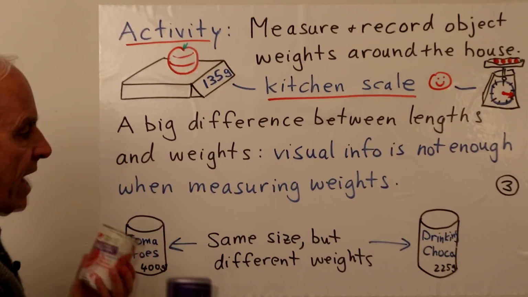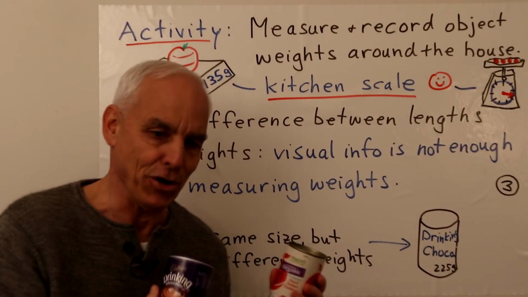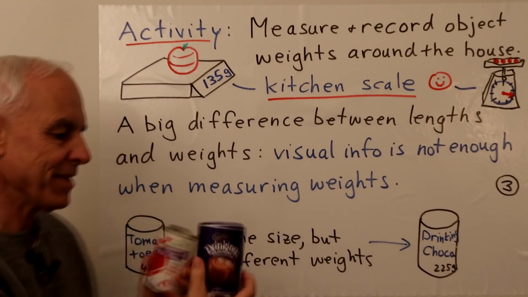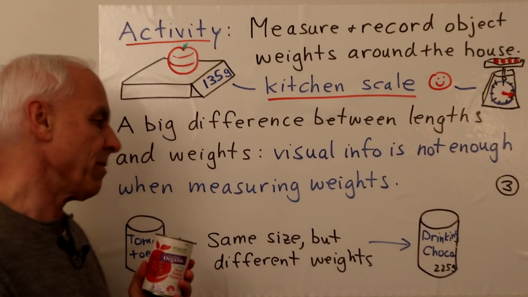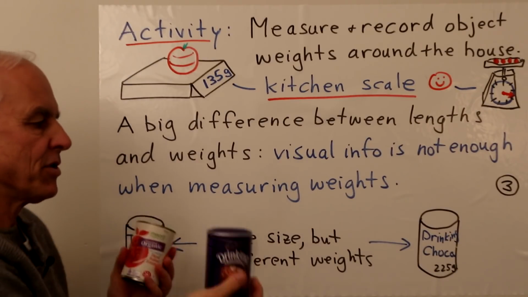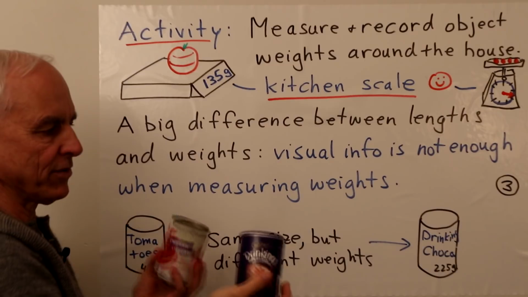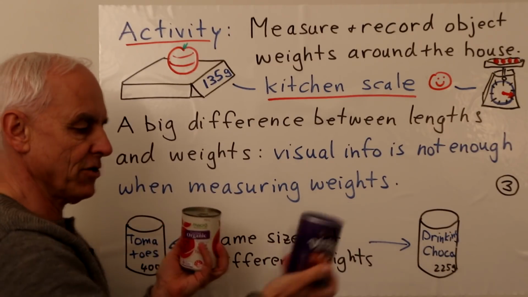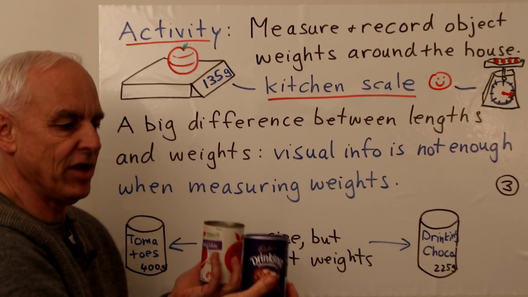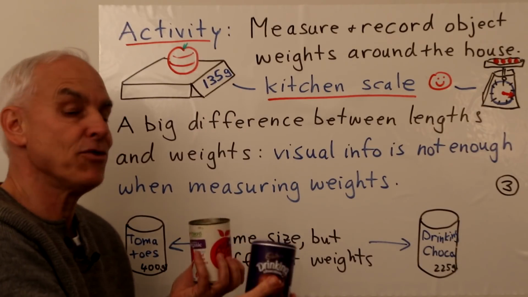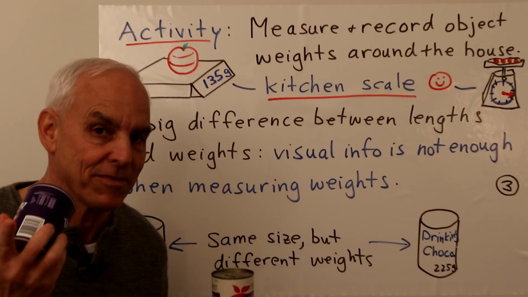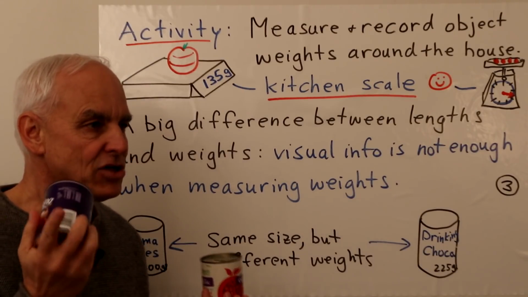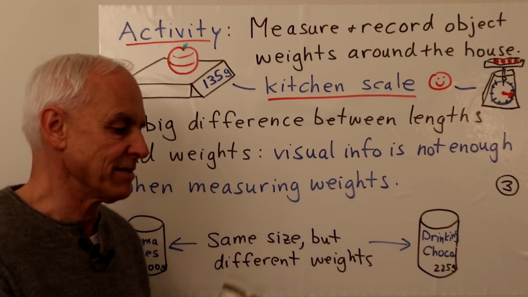So there's an aspect of density here, which we'll talk about at some further point. But kids should just be aware that there's something different about the tomatoes and the drinking chocolate that results in them having different weights, even though the sizes are the same. So it's not just size, it's actually weight that's important here.